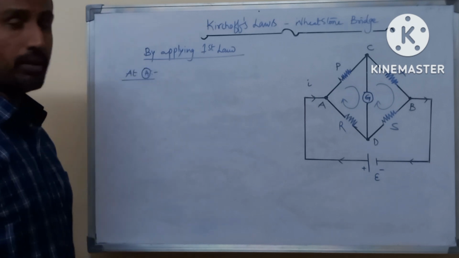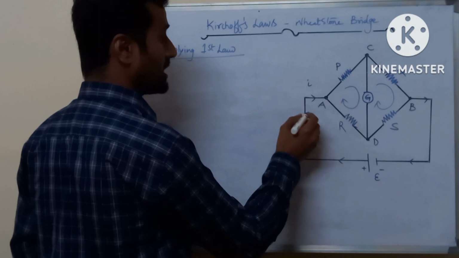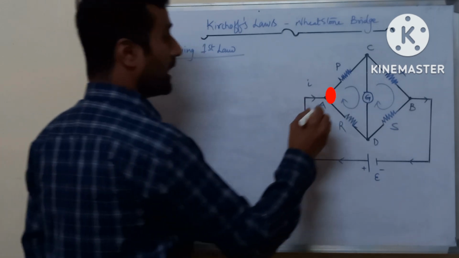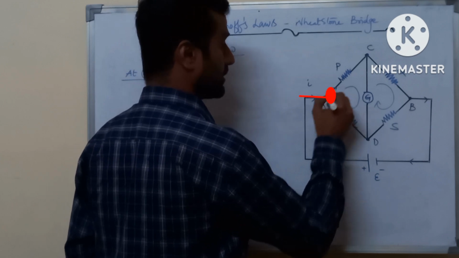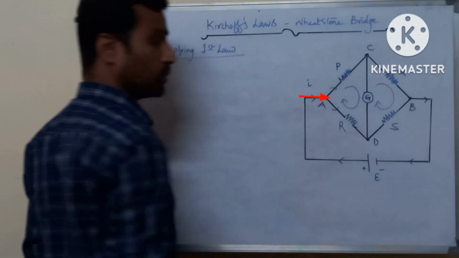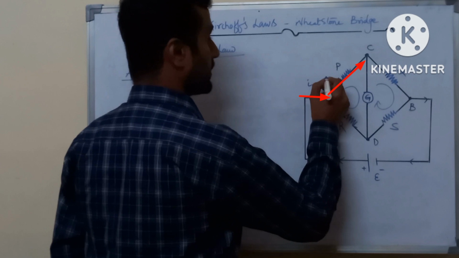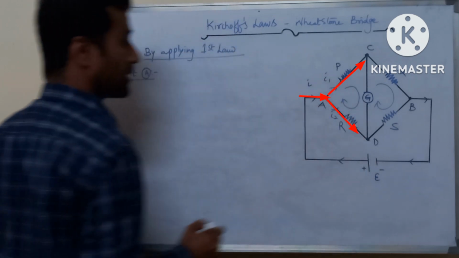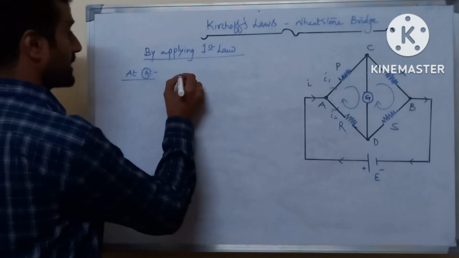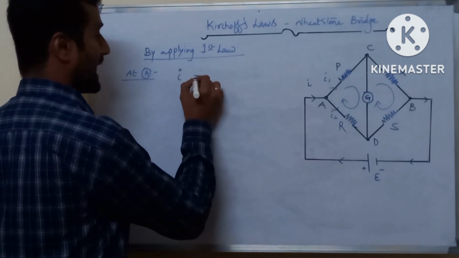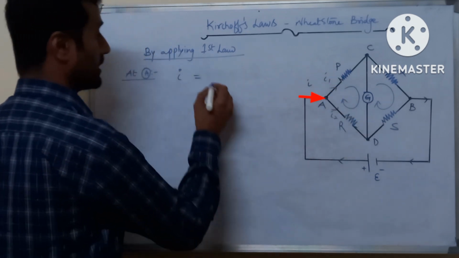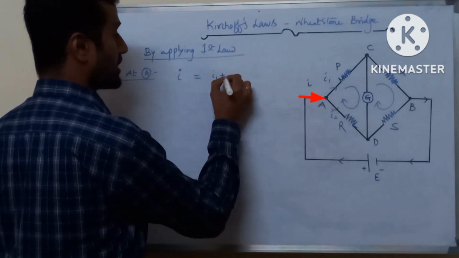At junction A, the current I is passing into the junction, and the current is divided into two paths. First one is I1 and second one is I2. So the sum of the currents entering the junction is only I, and the sum of the currents leaving the junction is I1 plus I2.